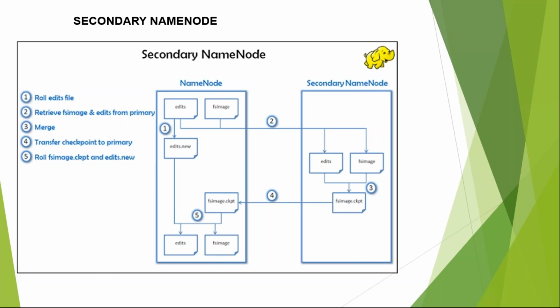After some time, this edit and this fsimage will also go to the secondary name node, and again it will create a new edit. Every 1 hour, whenever the secondary name node requests the edits, the name node sends the old edits and the fsimage and creates a new edit log. Every time it will create a new edit log.